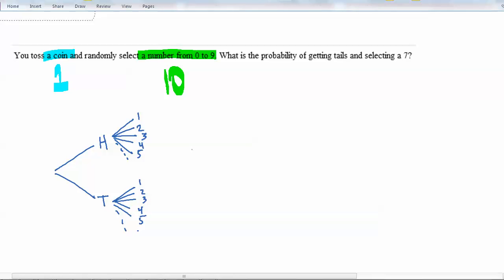And in fact, I'll relist the sample space in another way. The first possibility described from that tree diagram I just made is flipping a heads and landing on a 1. Flipping a heads and landing on a 2, heads, landing 3, until you exhaust all the digits. Actually, I should have put a 0 in there.